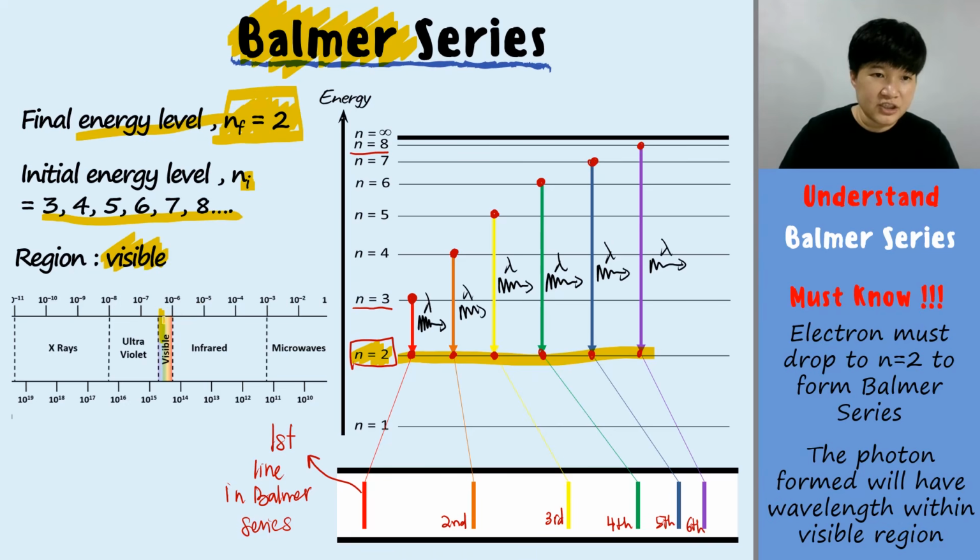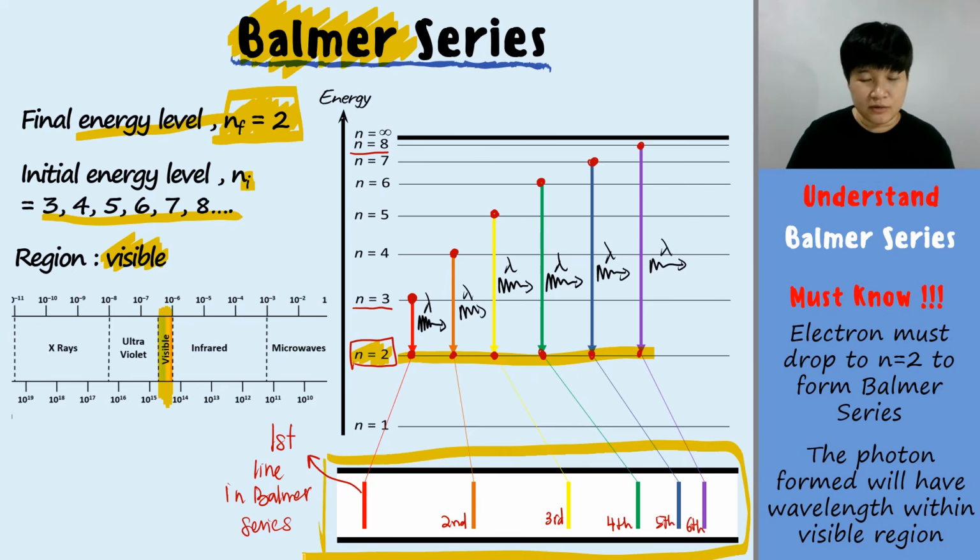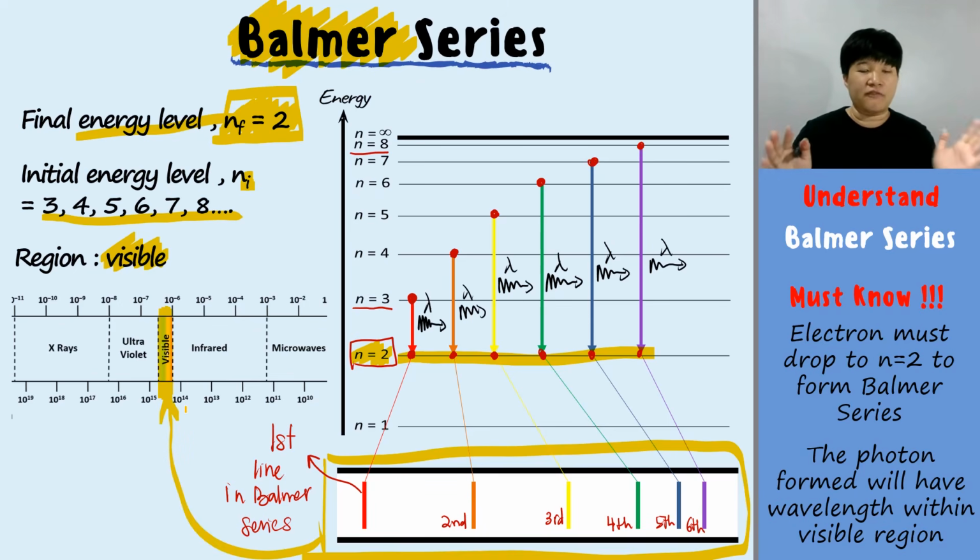All the wavelengths in this line spectrum will be in that visible region. No matter whether it is from 8 to 2, 7 to 2, 6 to 2, or 5 to 2, all the wavelengths will definitely drop into that region.